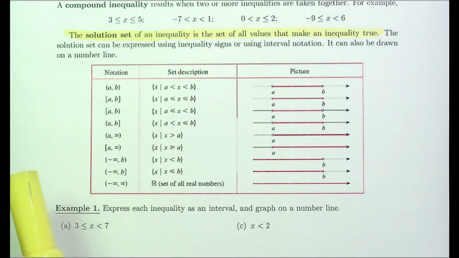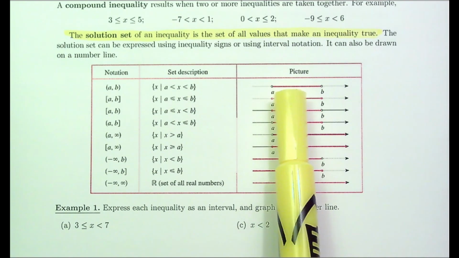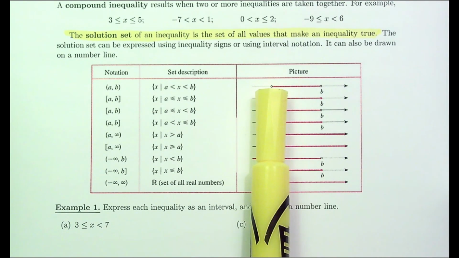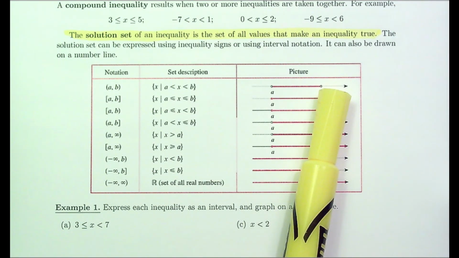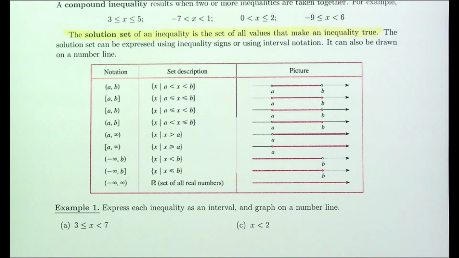And when you draw a picture, some books use a hollow dot, a dot that is not filled in, on both ends. That would mean that neither of the endpoints is part of the interval, and when you want to include them, you fill them in.